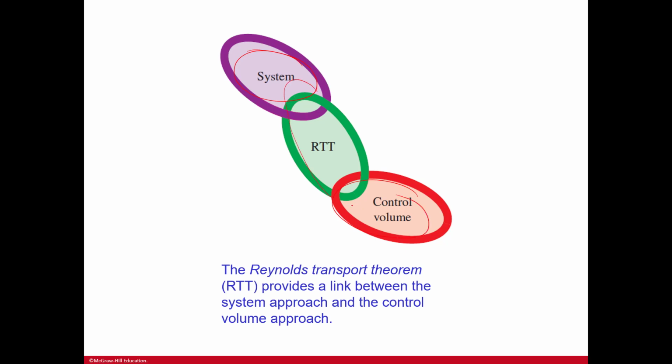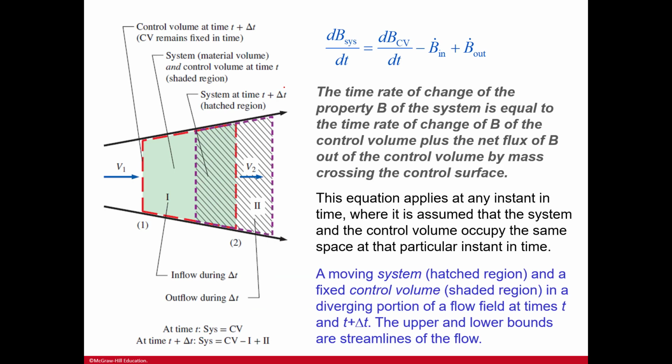And you can marry those two by the RTT. So here, the time rate of change of property B of the system is equal to the time rate of change of B of the control volume plus the net flux of B. Remember, we walked through these. This equation applies at any instant in time where it is assumed that the system and control volume occupy the same space at that particular instant in time.